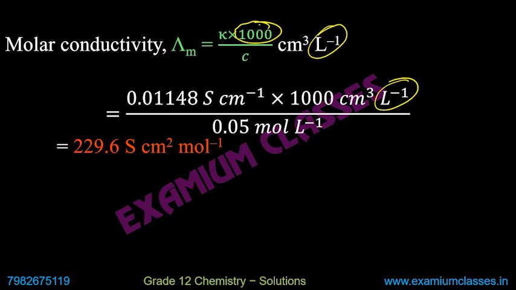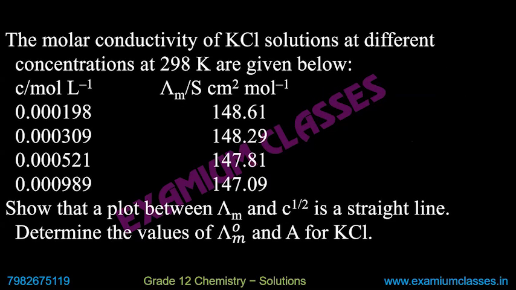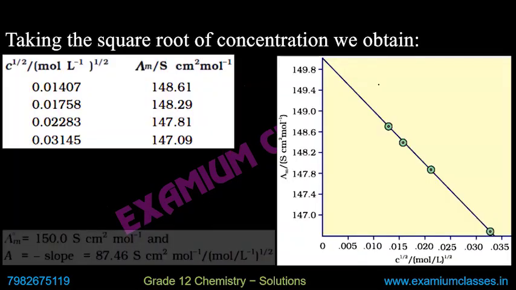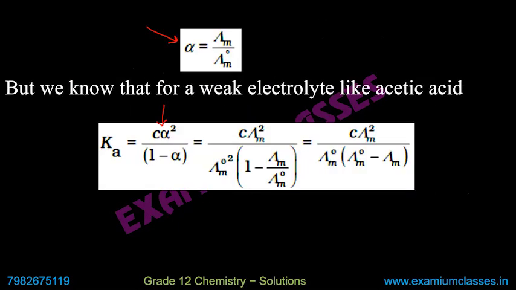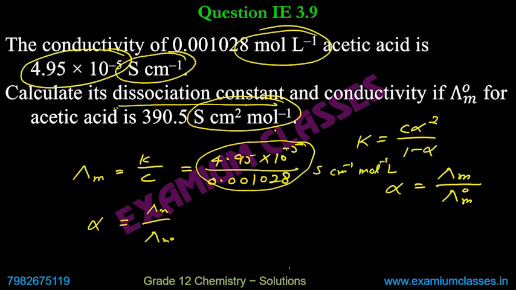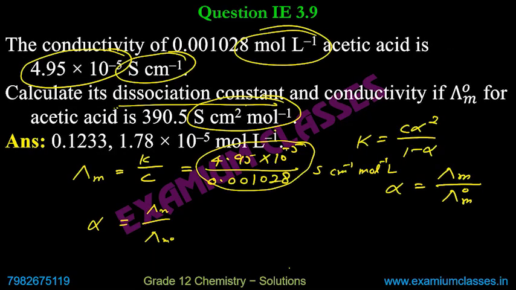Here also, see, we are using liters. So it will not be just kappa by C, which you need to pay attention to. It will be 1000 into kappa by C. That will be the correct lambda m.